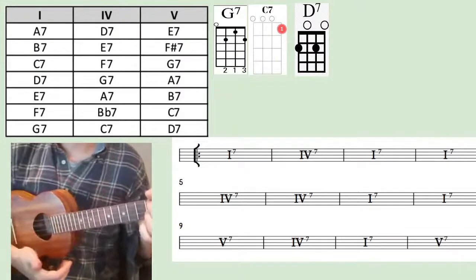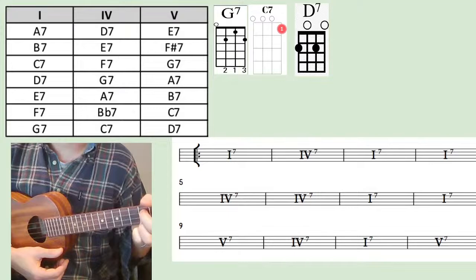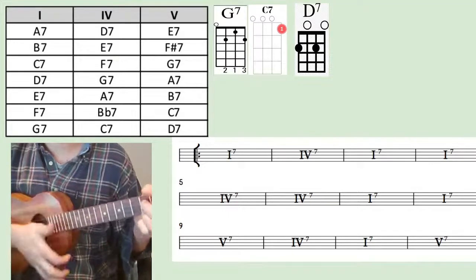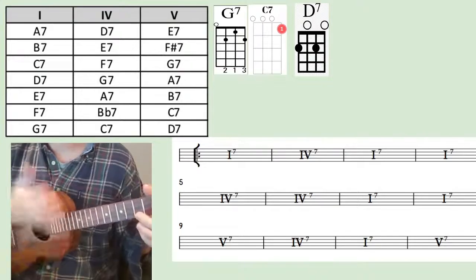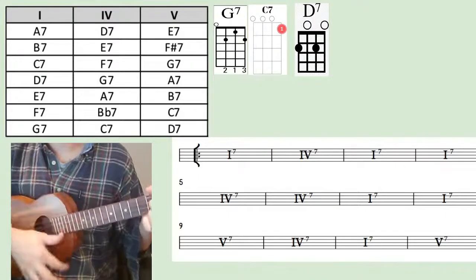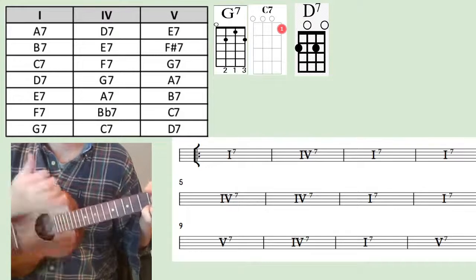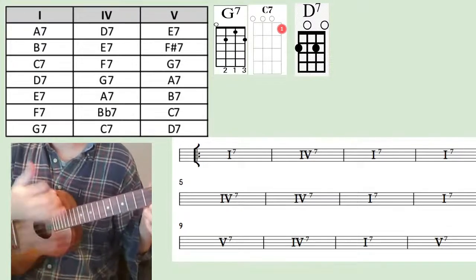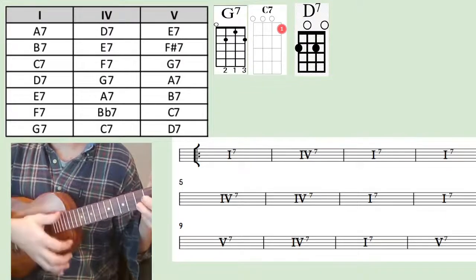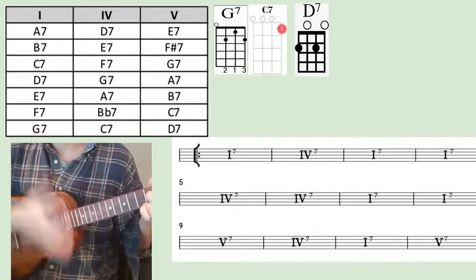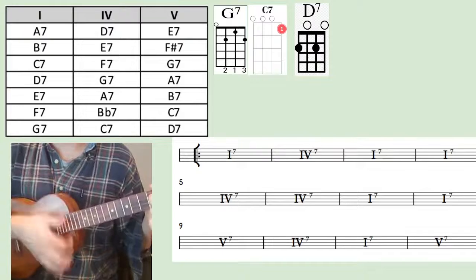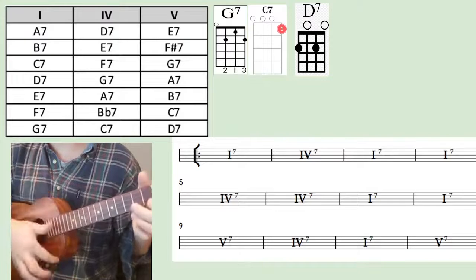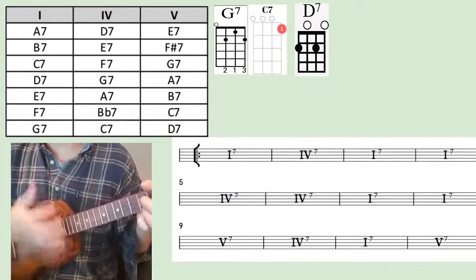Okay, here we go. In the key of G, so starting on that G7, here we go. Now a G, now C, now G, now C, C, now G. And that's me playing around with the susses. Now D7, C7, back to G7.